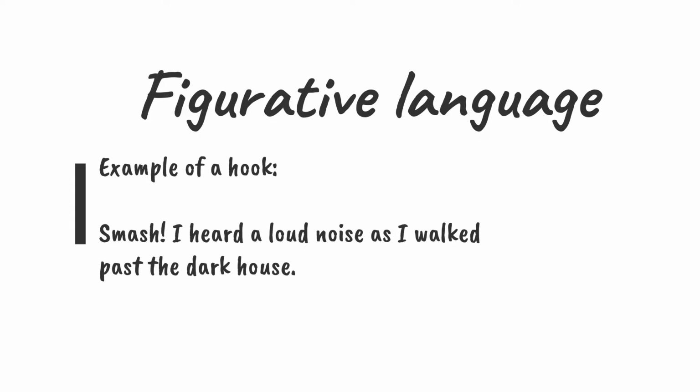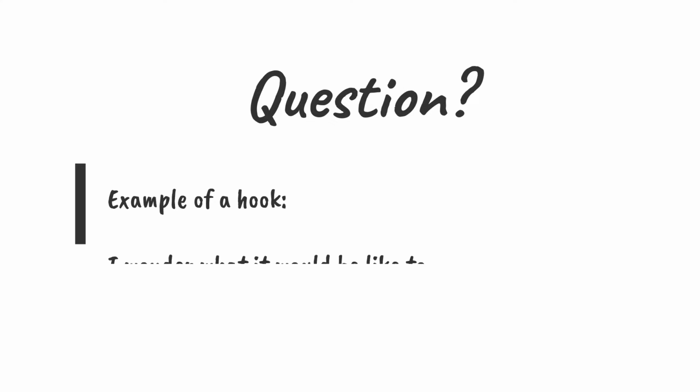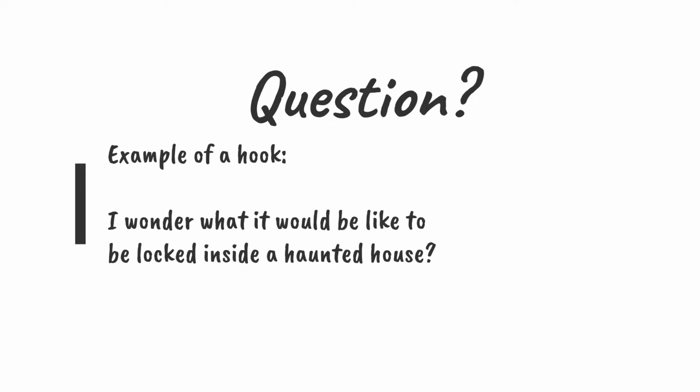Figurative language: Smash! I heard a loud noise as I walked past the dark house. End question: I wonder what it would be like to be locked inside a haunted house. So those are some examples of hooks that you could use to grab the reader's attention.